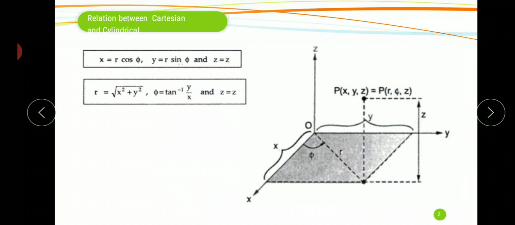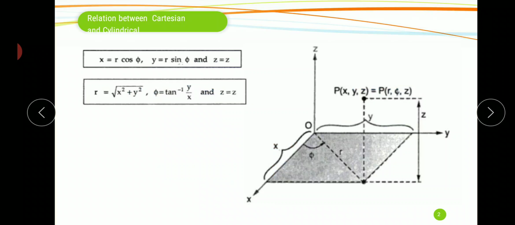In the last class, we discussed the types of coordinate systems and vector multiplications. There are three types of coordinate system: Cartesian coordinate system, spherical coordinate system, and cylindrical coordinate system.